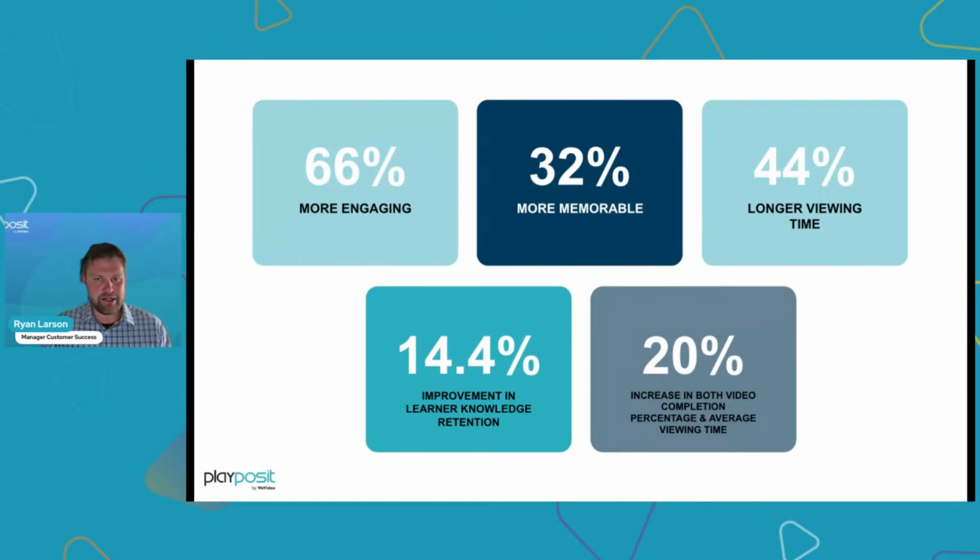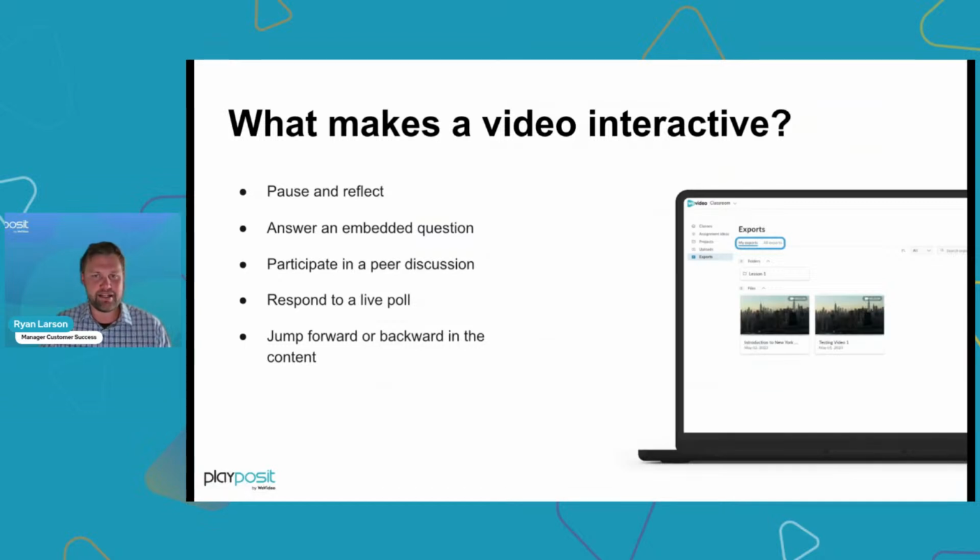So what are the items that we can add to an interactive video? What makes a video interactive? So first, we think about the way learners are engaging with content and how that process is built out to make it more engaging. So with interactive video, you can pause and reflect within the video. You can have learners answer an embedded question.